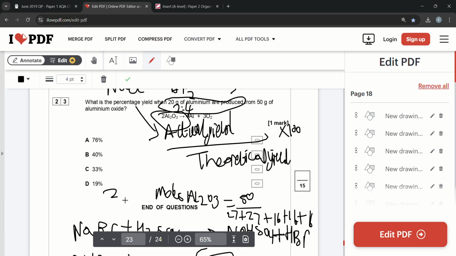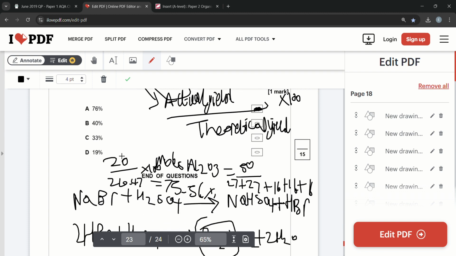So the answer is going to be actual yield over 26.47, the theoretical yield, times by 100. And I should get 75.56%. Therefore, rounded to two significant figures, 76% is your correct answer. 23A. That's the end of multiple choice questions.